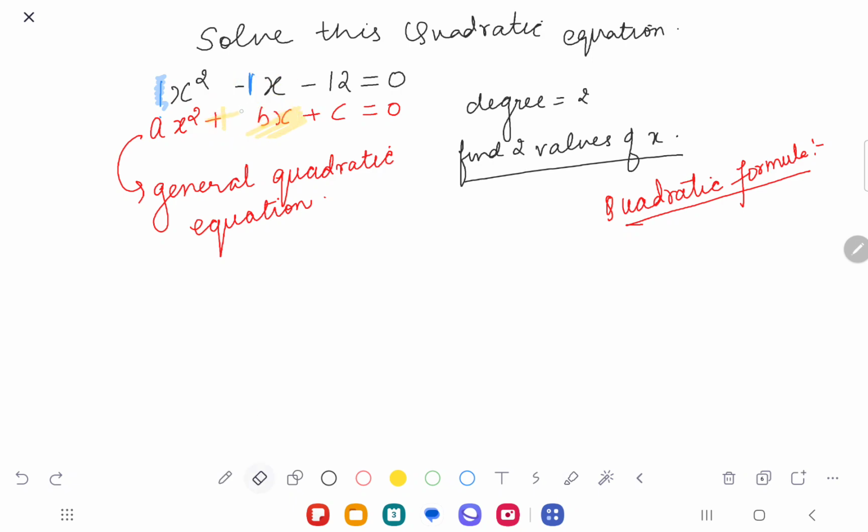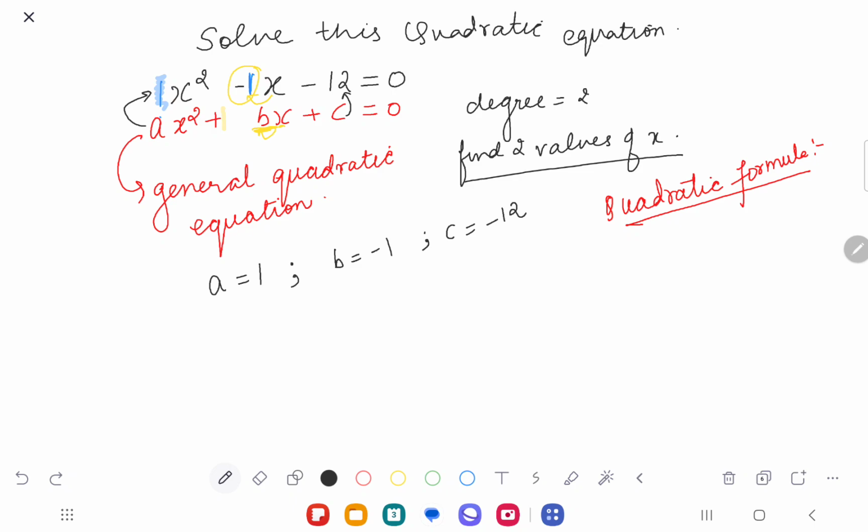So what do you understand from this? That the coefficient of x here is b, and in the main equation, the coefficient of x is minus 1. So if I compare, the value of a will be 1, the value of b shall be minus 1, and the value of c shall be minus 12.